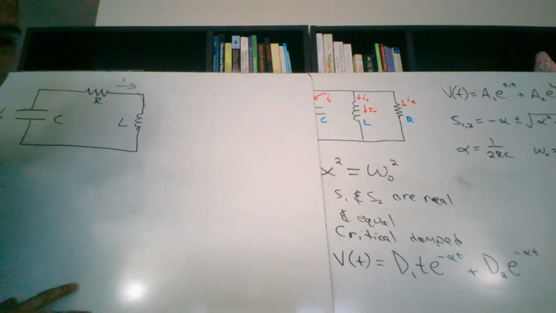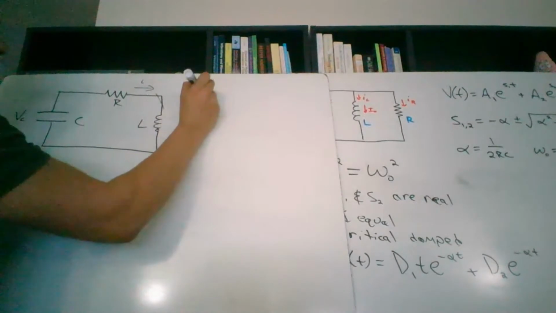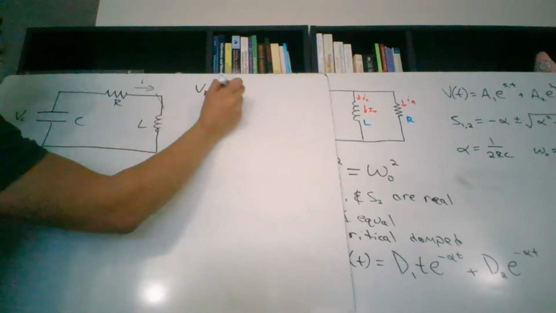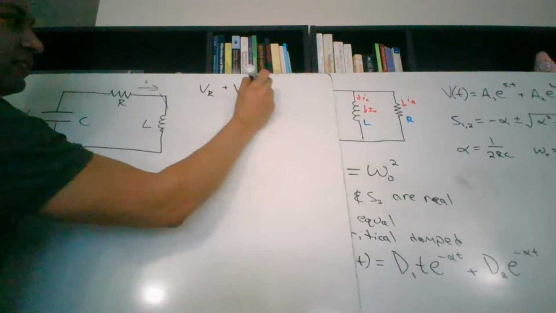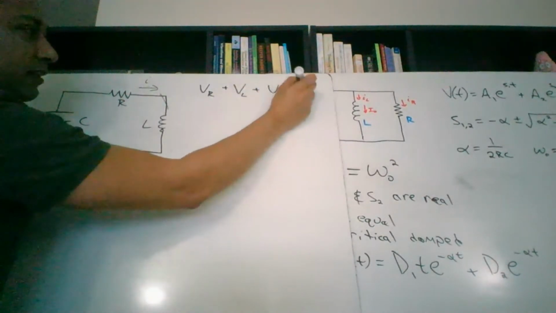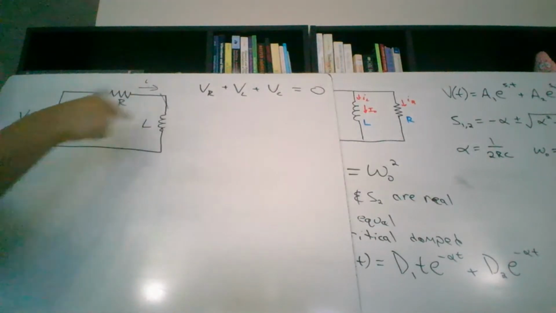For a series circuit, we're going to use Kirchhoff's voltage loop equation. So let's write that out. The voltage of the resistor plus the voltage of the inductor plus the voltage of the capacitor equals 0.